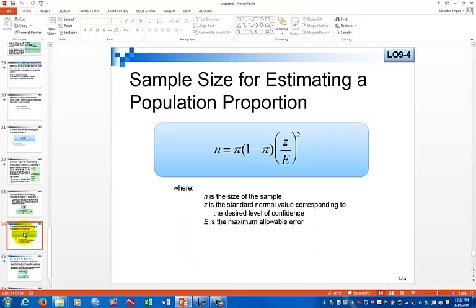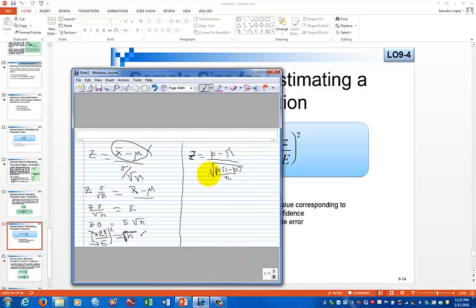Okay, now you can also use this for the case of proportions. Here is the expression for the value of z given a proportion sample. The difference between the sample proportion and the proportion of the population, same as the numerator here, and that's the error, divided by the standard deviation of the sample proportions, which is the square root of p times 1 minus p over n.